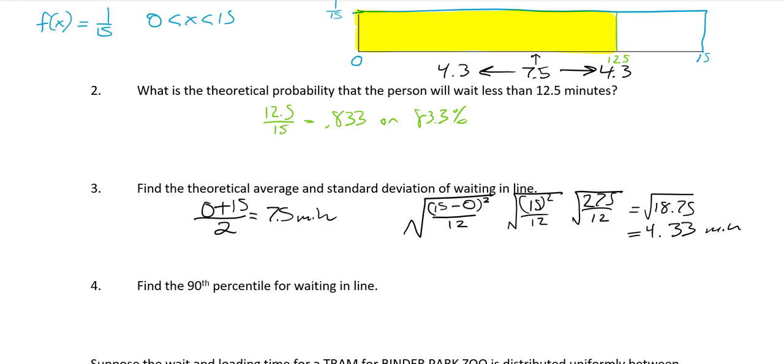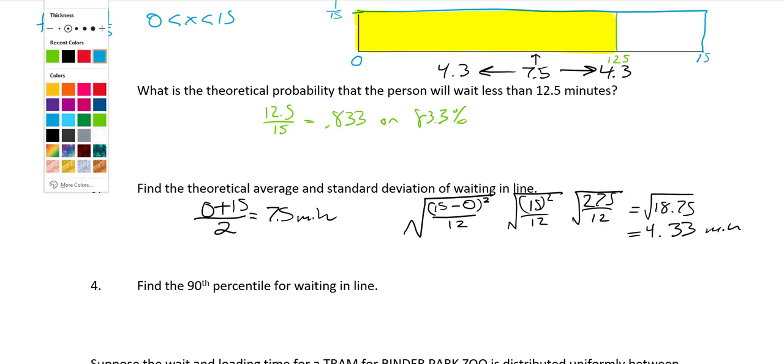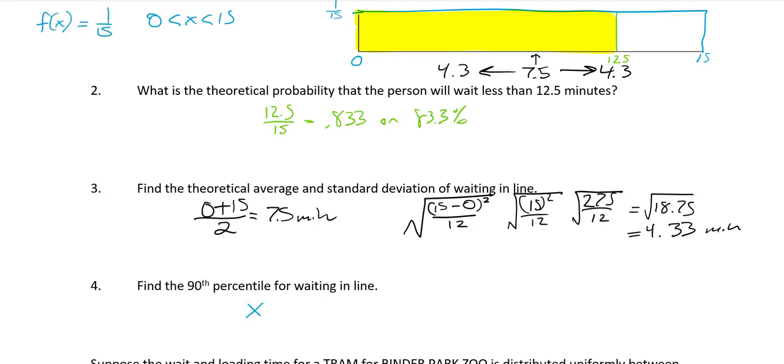So let's now do the last part of this easy level problem by finding the 90th percentile. Now, finding the 90th percentile for waiting in line is really, we're looking for some x, right? This is x is how long you're going to wait. And then how long you're going to wait times the height of your rectangle is going to give you 90%.